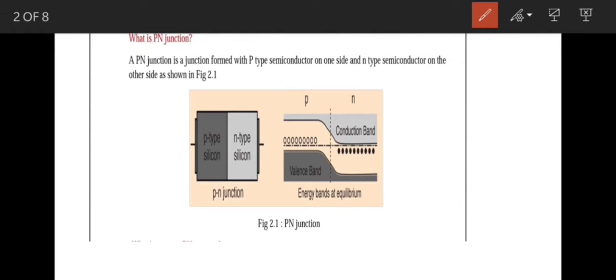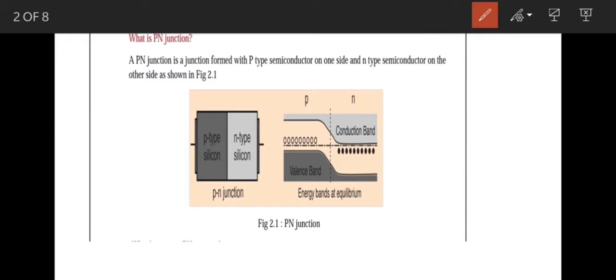So we know a p-type semiconductor. You can see the second figure, the energy bands at equilibrium.